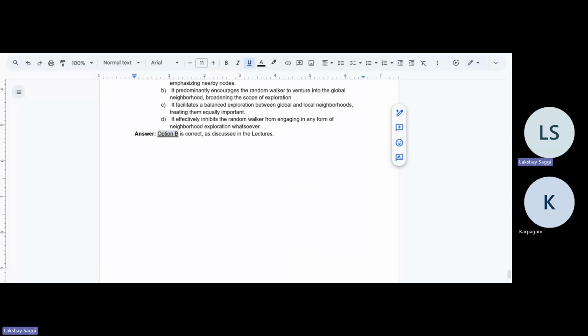Okay, so Karpagam is typing something in the chat. Oh, that's really nice, Karpagam.